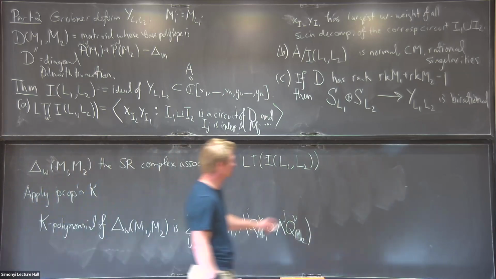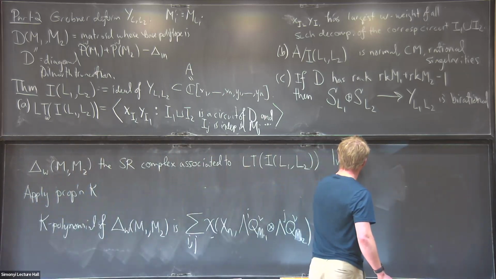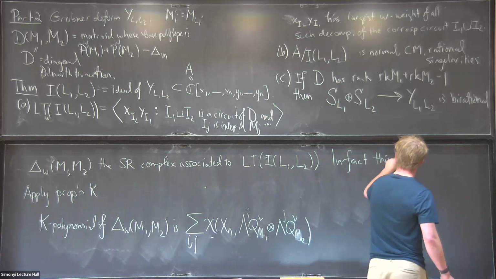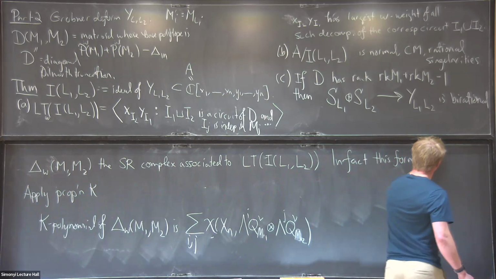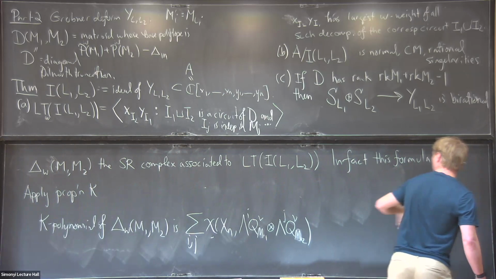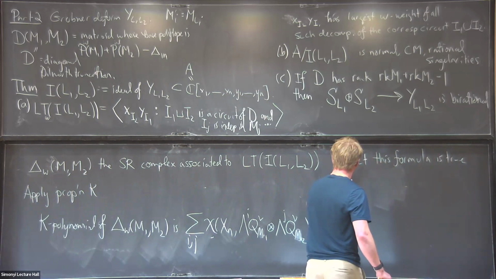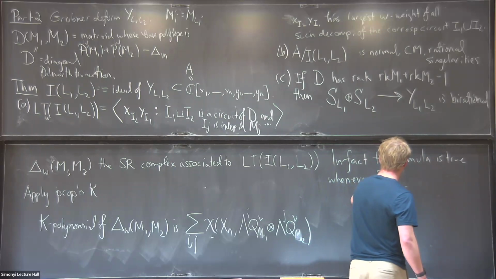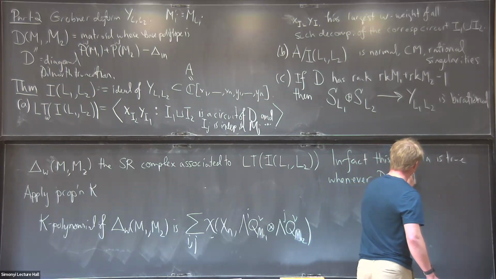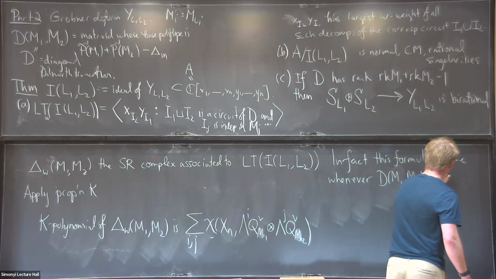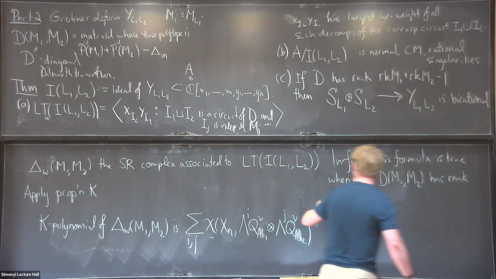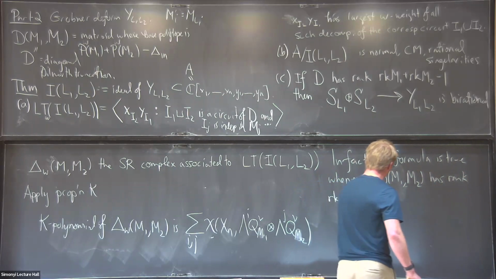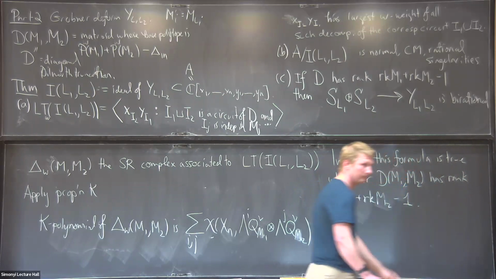So in fact, this formula is true whenever this diagonal Dilworth truncation has rank given by the rank of M1 plus the rank of M2 minus 1.